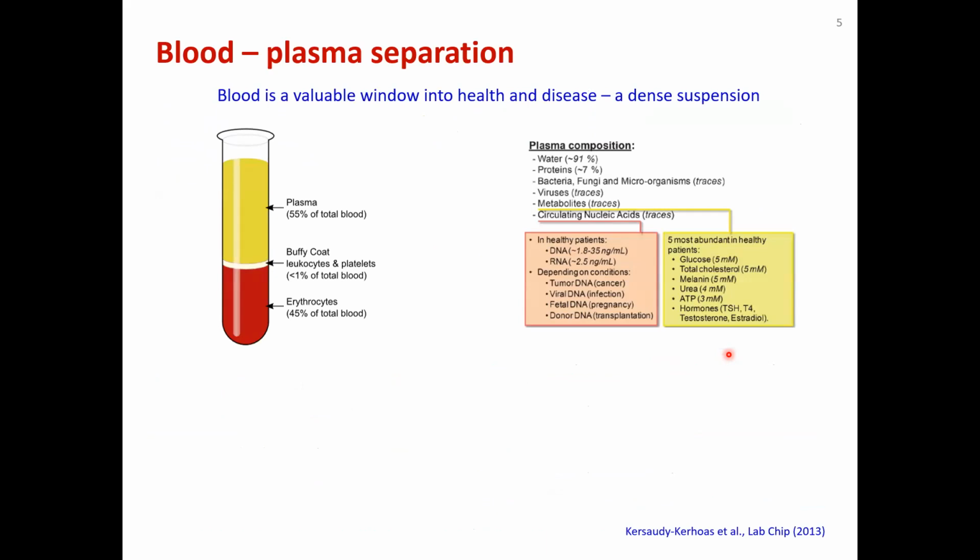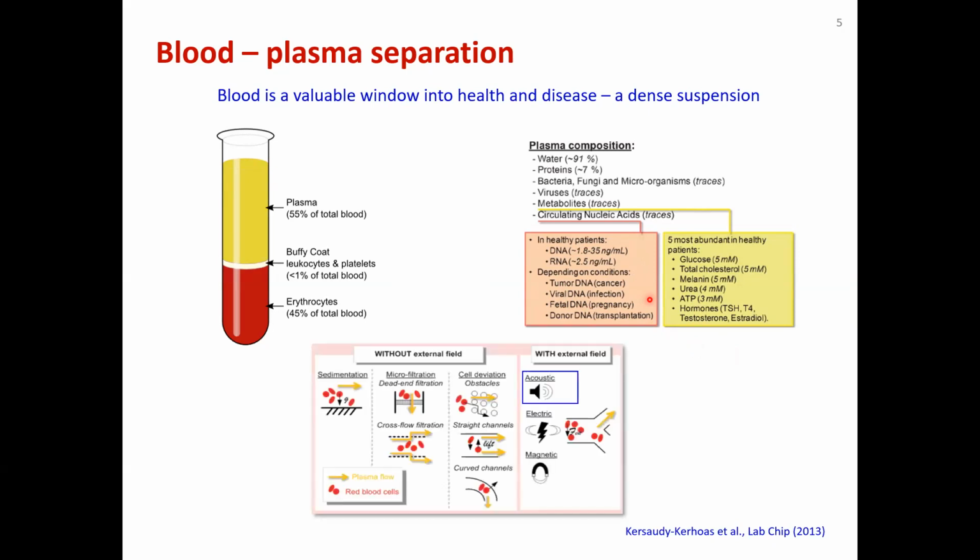And as you all know, blood is a window into health and disease of an individual. In particular, plasma is rich in information. You can see the various kinds of analytes that are present in plasma. And in many detection methods, the interference due to blood cells is of concern. So one would want to separate the blood cells from plasma.